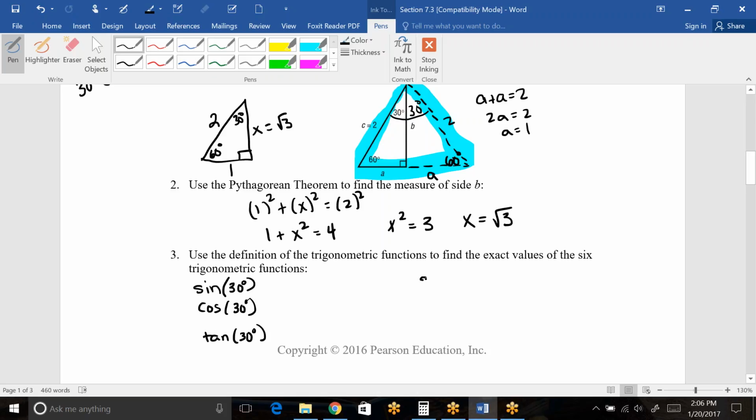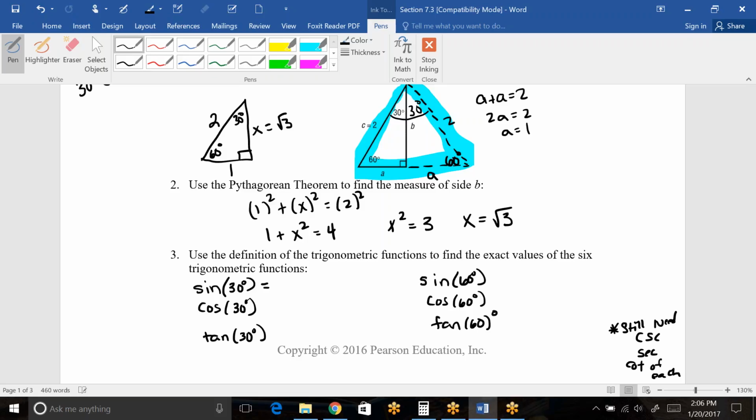I'm only going to focus on sine, cosine, and tangent. So sine of 60 degrees, cosine of 60 degrees, and tangent of 60 degrees. And I'm going to put a note over here: still need to find cosecant, secant, and cotangent of each. But the main thing is those are just flipping fractions. So if you can find these, you're good.